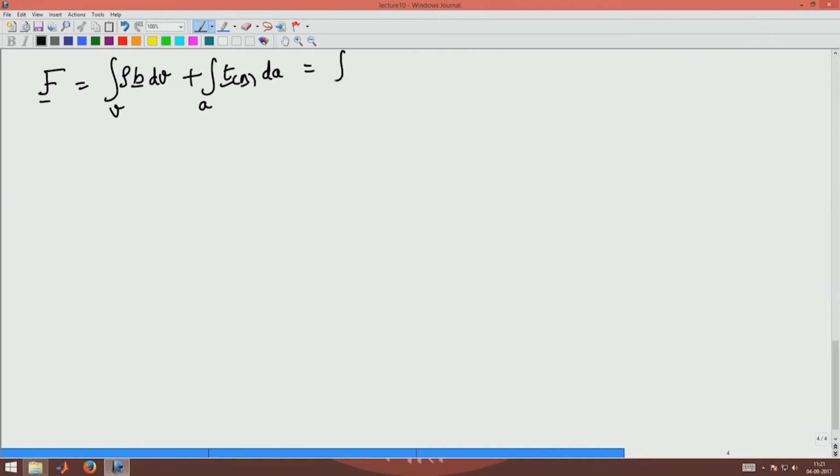This can be written as integral over V of rho b dV plus integral of sigma transpose n dA, which, using the divergence theorem, can be written as plus integral over V of divergence of sigma dV.